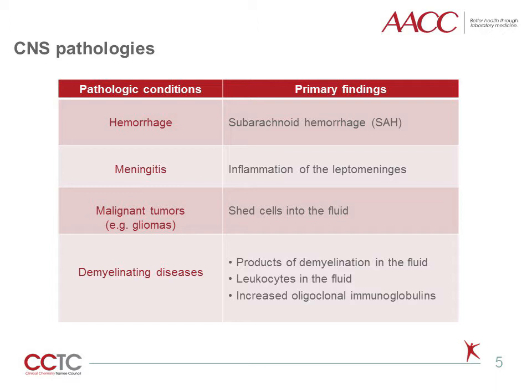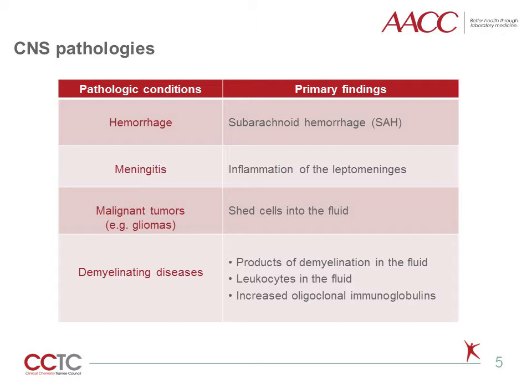Meningitis is an inflammation of the leptomeninges, usually caused by infection with viruses, bacteria, fungi, or protozoa. Malignant tumors may shed cells into the CSF.